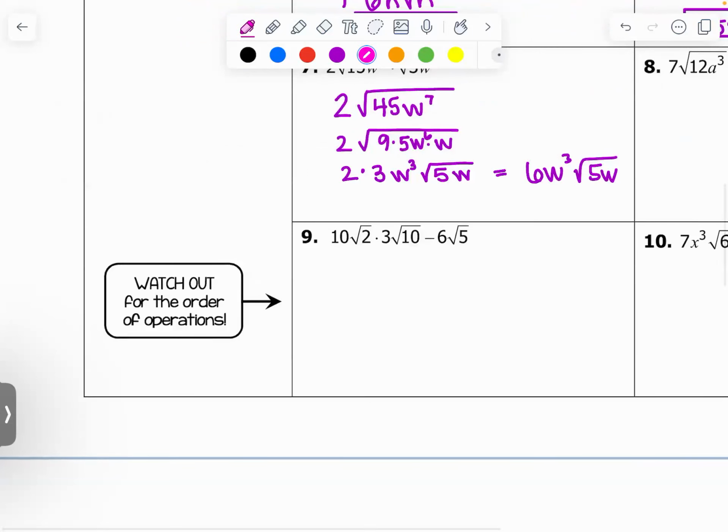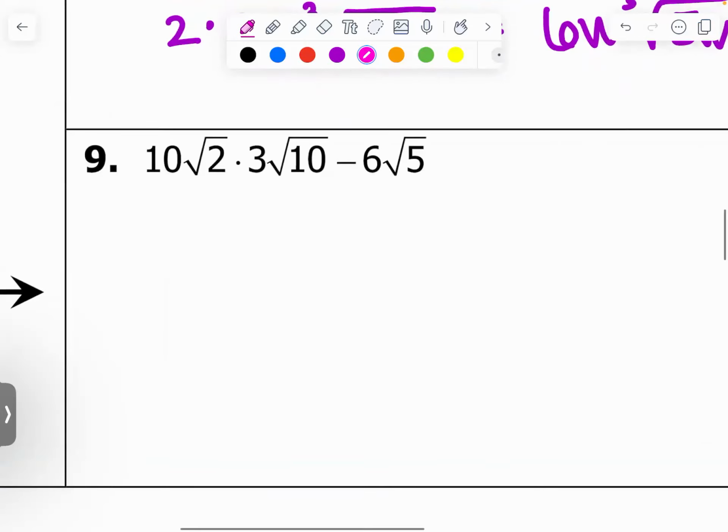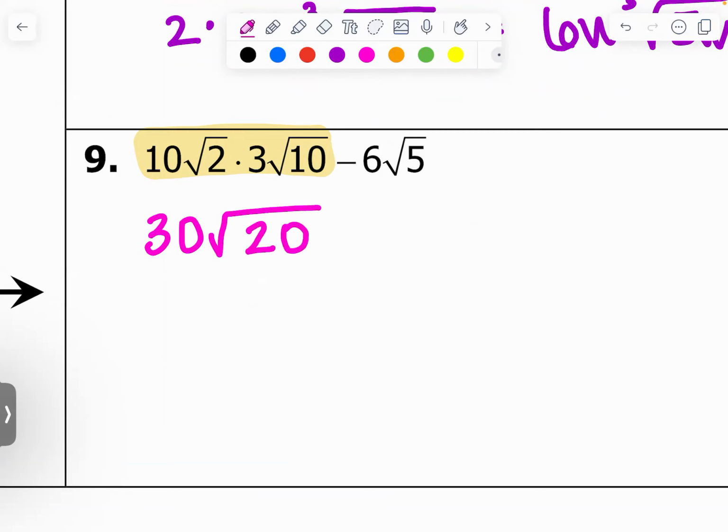There is subtraction, so we need to be careful with our order of operations. What comes first, multiplication or subtraction? We need to do our multiplication first. We need to take 10 times 3 outside and 2 times 10 inside.